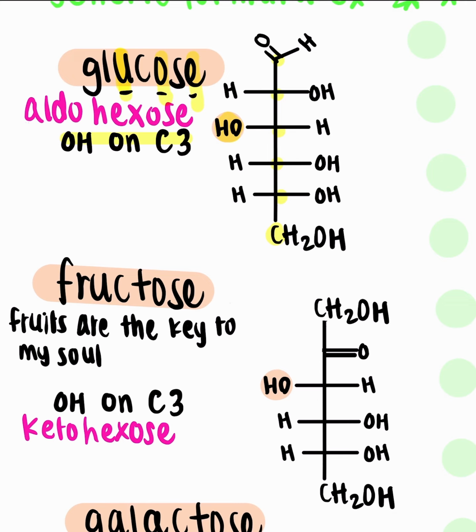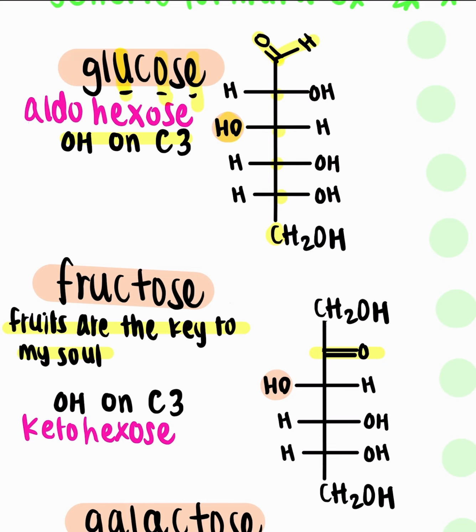Now going to fructose. Okay, I made this cheesy, corny kind of mnemonic for you guys, so don't laugh. But I put fruits are the key to my soul. Okay, I know that's really cheesy, but it's because glucose, again, is an aldehyde, and fructose, you have a ketone.